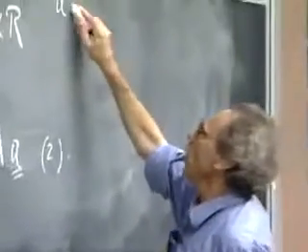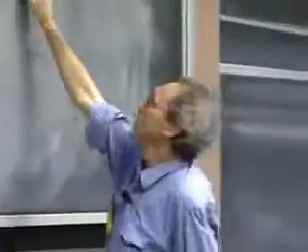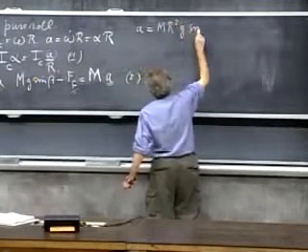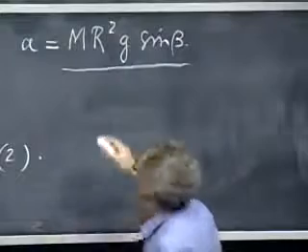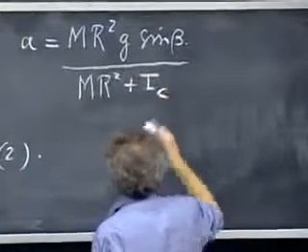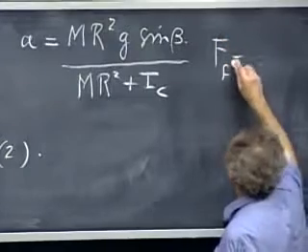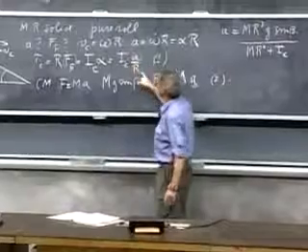I will just give you the result. I don't want to waste your time on the algebra. A, the acceleration, under the conditions of pure roll, but only under the conditions of pure roll, equals mr squared times g times the sine of beta divided by mr squared plus the moment of inertia about that point C. And the frictional force, you can see from this equation, is the moment of inertia times A divided by R squared.